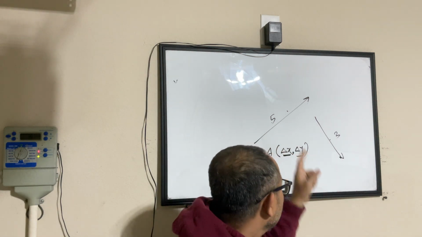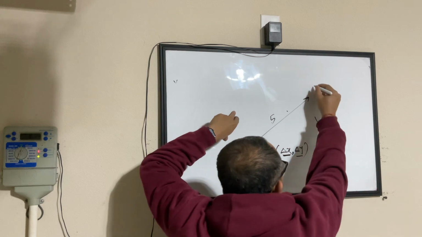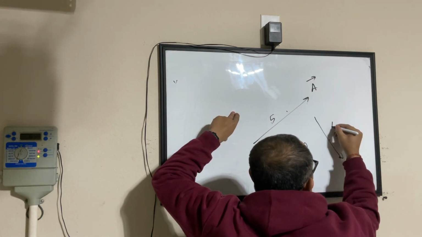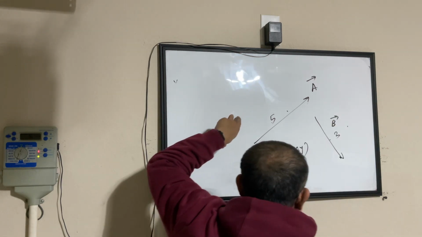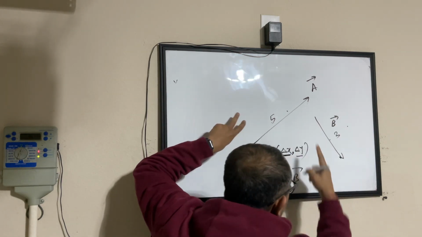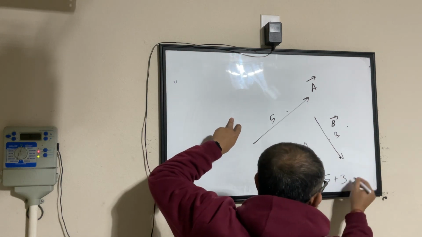Okay? So let's say this is my vector A and this is my vector B. If I say A plus B, I'm not saying 5 plus 3.